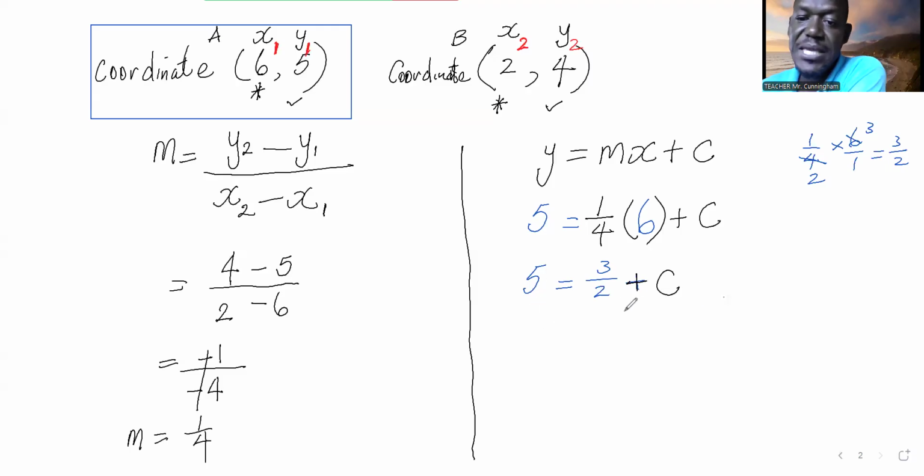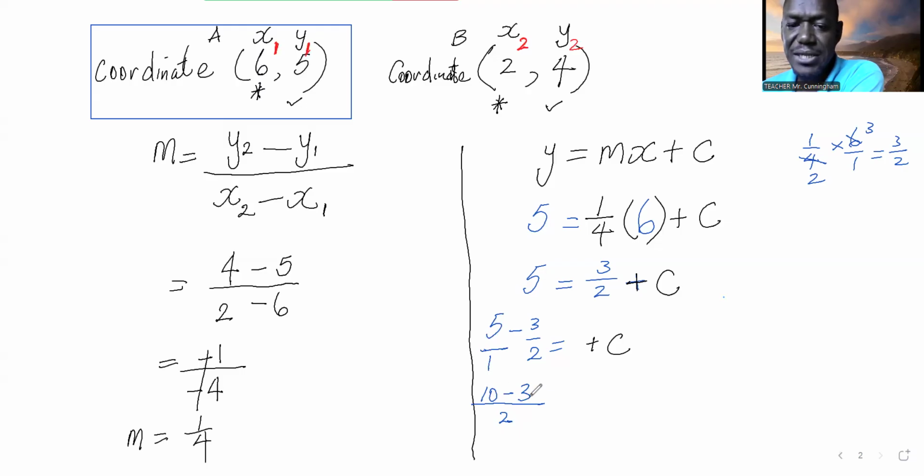To find C, I must take the 3/2 to the other side. So now I have 5 minus 3/2, and that will be equal to my plus C, or just C. I'm going to put this 5/1. Find the LCM, which is 2. 1 into 2, 2. 2 times 5 is 10. 2 into 2, 1. 1 times 3 is 3.